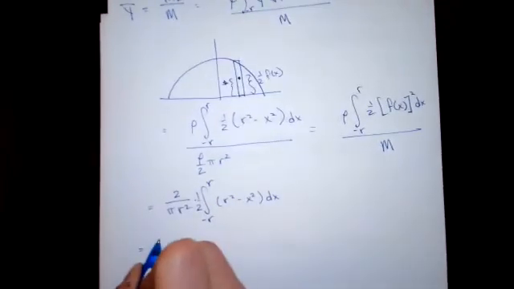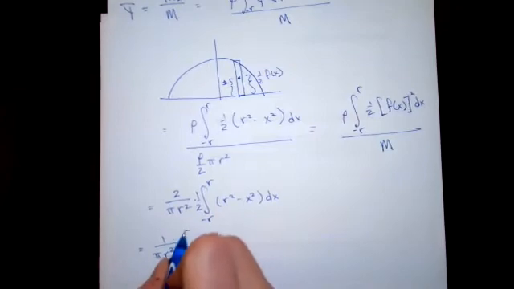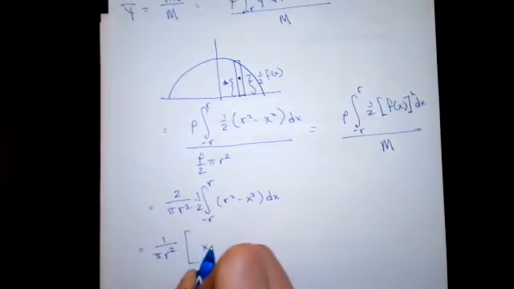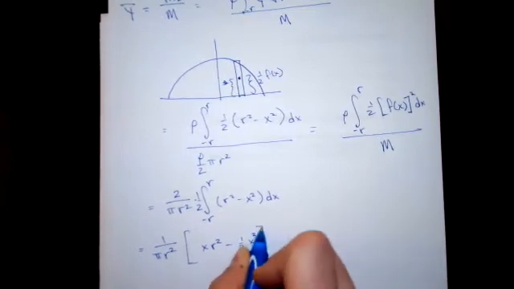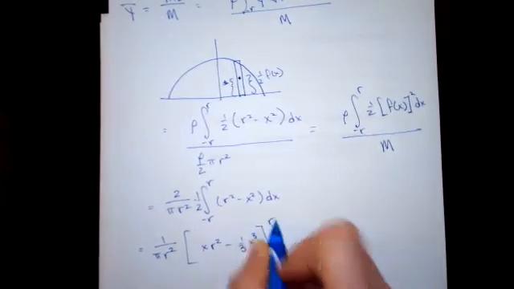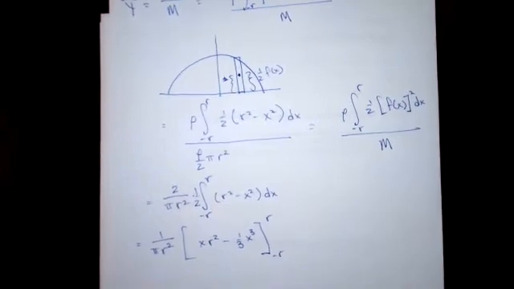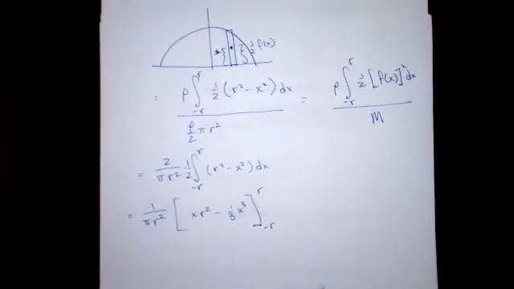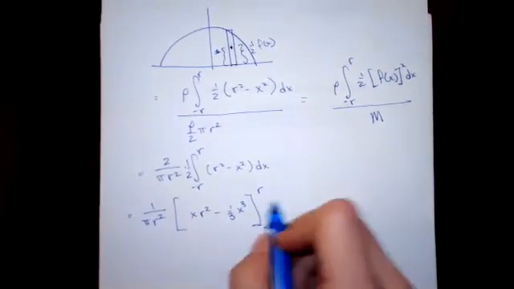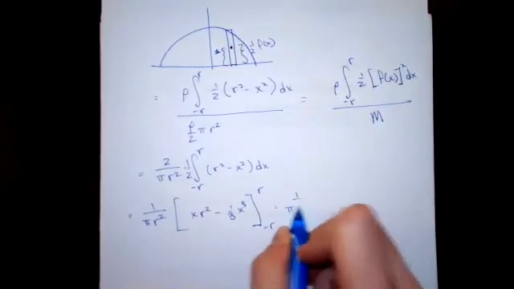And so what's that? So we'll get 1 over pi r squared. We need to integrate this guy. So we will have x r squared minus 1/3 x cubed from minus r to r. And then when we evaluate it, what happens? We've got 1 over pi r squared.